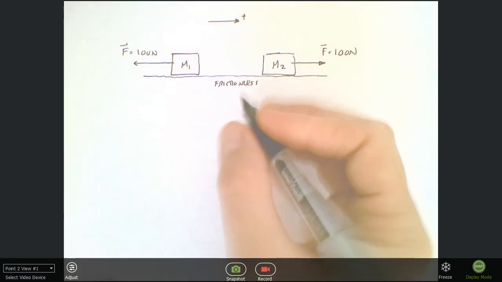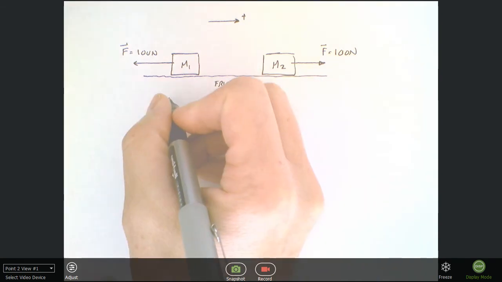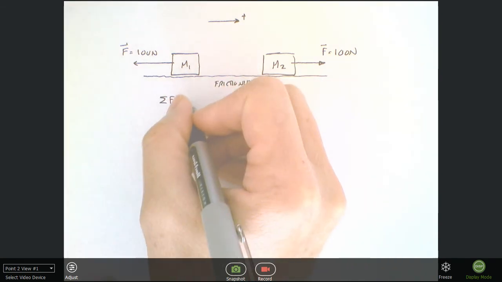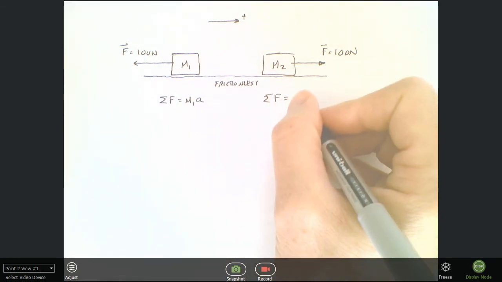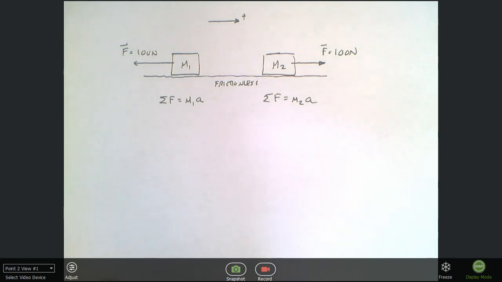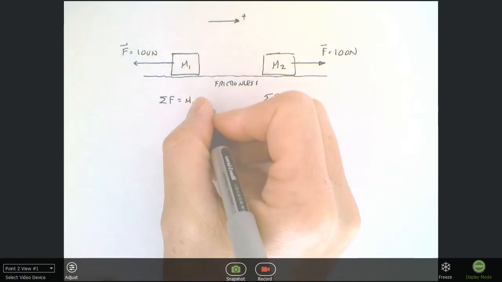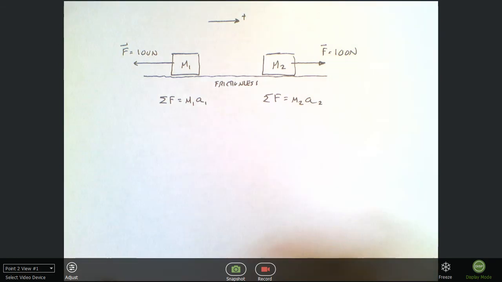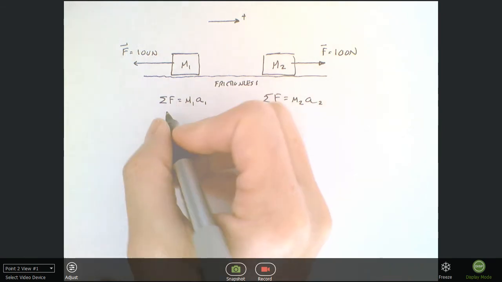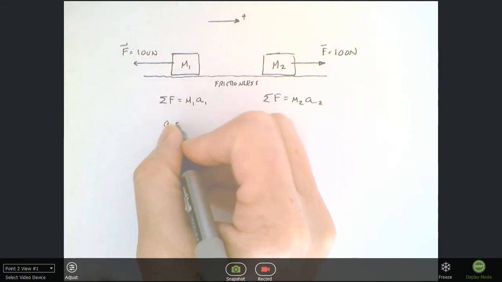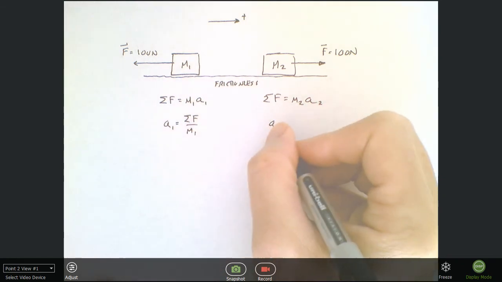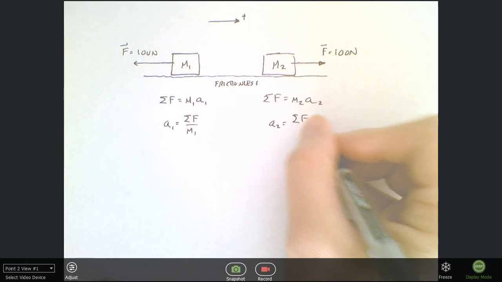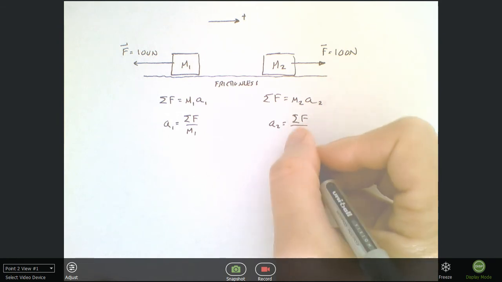And now let's look at the situation for Newton's second law. Newton's second law for the first block is M1A1, and for the second one, it's M2A2. I'll call them acceleration 1 and acceleration 2, just to give that distinction. The forces are the same, so the acceleration of block 1 is the net force divided by mass 1, and the acceleration of the other one is the net force over M2.